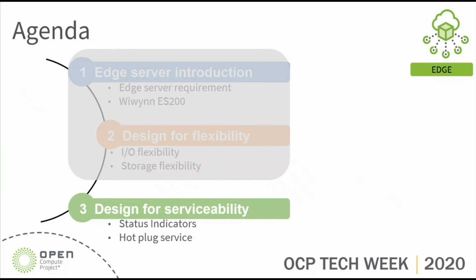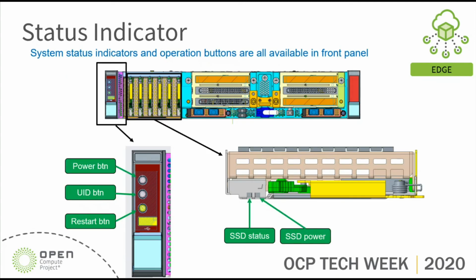So I will introduce the status indicators located on the front side, and also the other kinds of hot plug devices. First of all, the status indicator on the right-hand side, you may find it is equipped with a standalone power button and also a UID button. In the ear rail, it will support a restart button and also a USB for I/O applications.